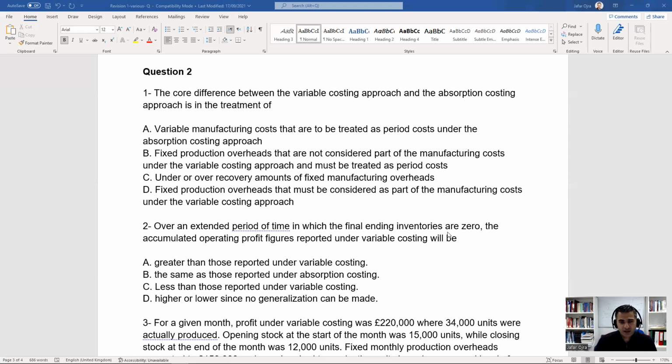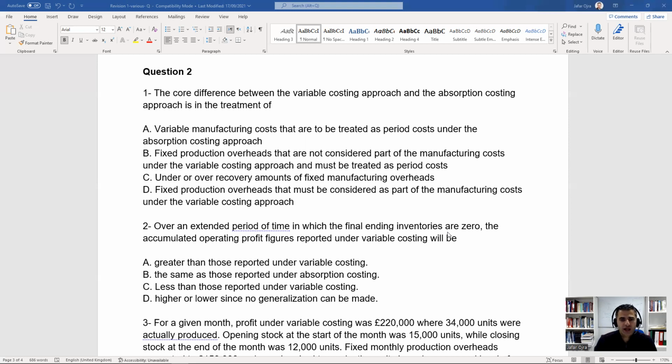Under or over recovery. When we say under or over recovery, we talk mainly about under or over absorption of fixed manufacturing overhead. So that's to do only with absorption costing, not variable costing.